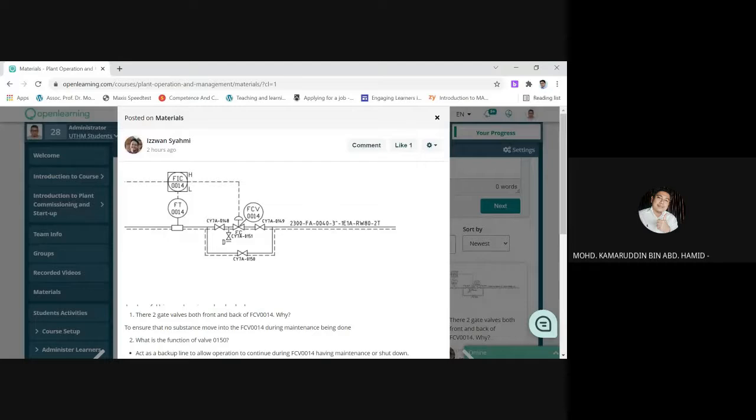Apa yang menyebabkan flow ni? There is no flow, zero flow. Can you guess what? Apa yang boleh menyebabkan no flow? What caused no flow? Anyone?